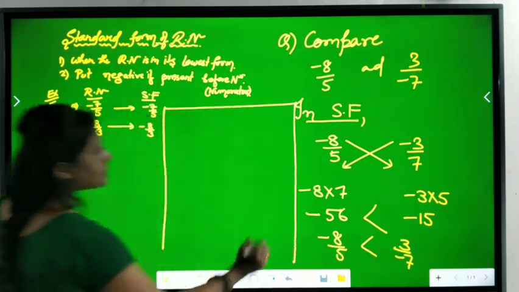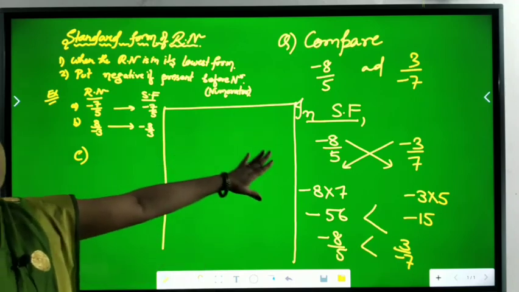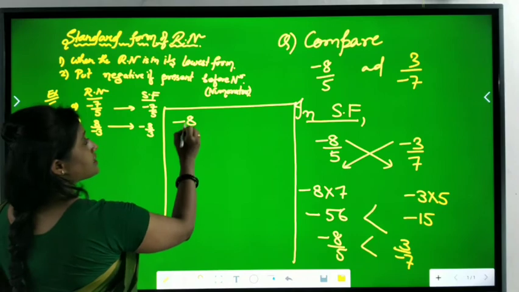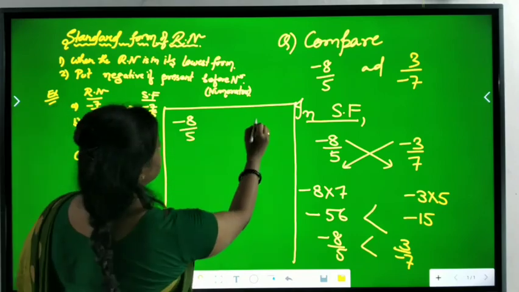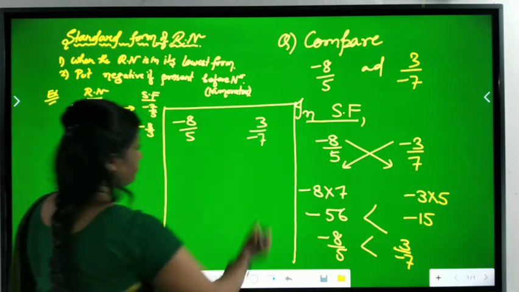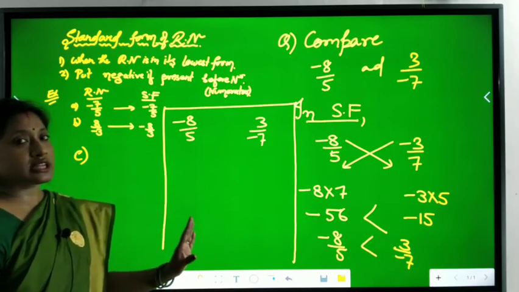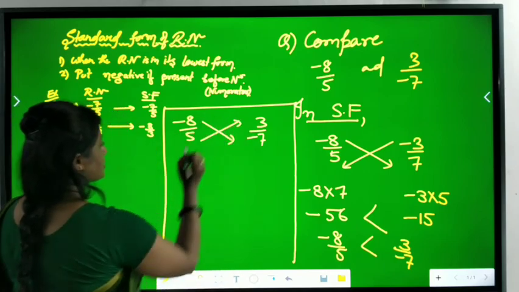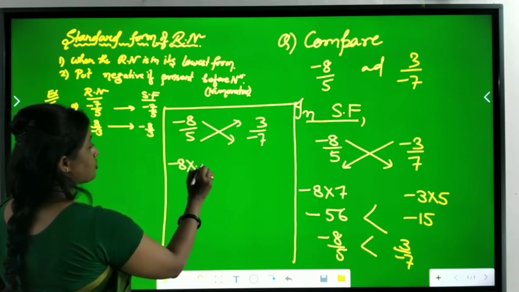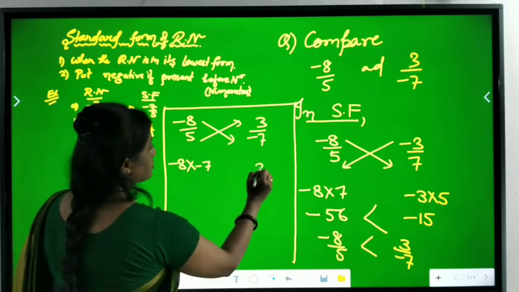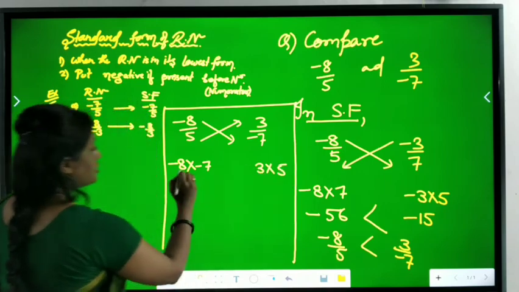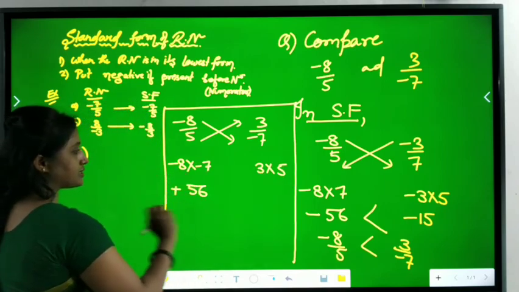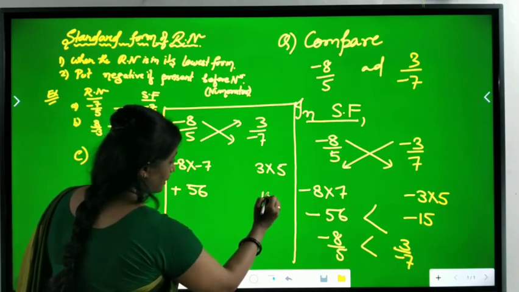If a student doesn't change the rational number into standard form, look at the answer he will get. Minus 8 by 5 and 3 by minus 7. If without changing into standard form we cross multiply, what will happen here? Minus 8 into minus 7, and here 3 multiplied by 5. So 8 7s are 56 and minus minus is plus, and 3 5s are 15.